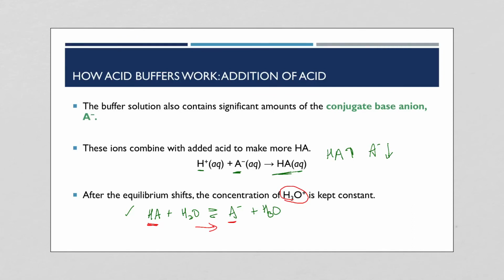And as the HA goes up, that original equilibrium is going to shift toward the product to get rid of it, and allow the concentrations of HA and A minus to stay the same.